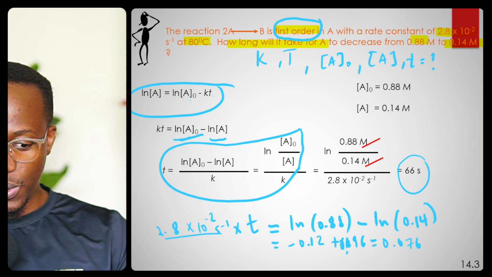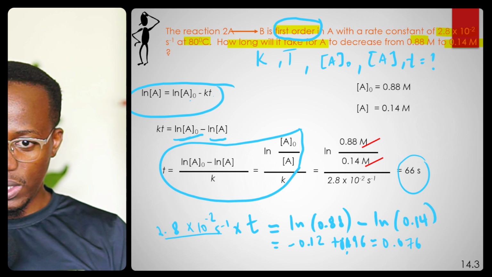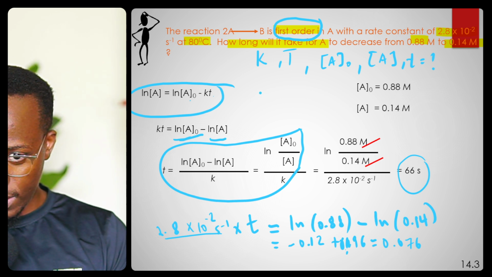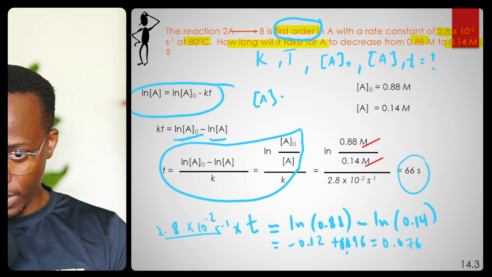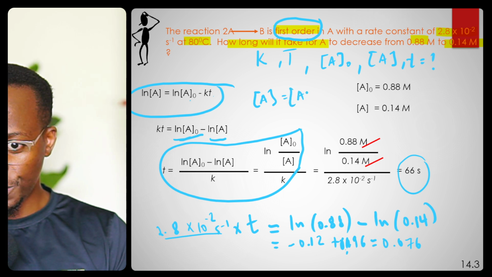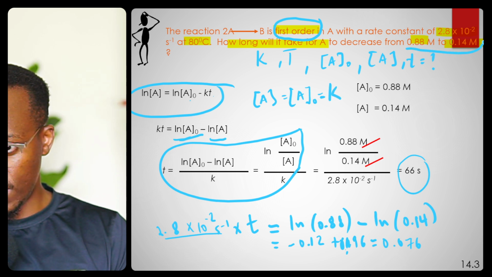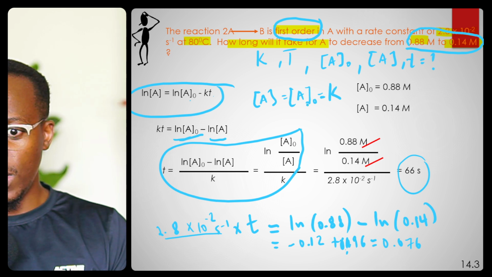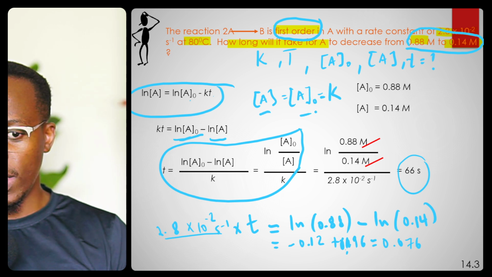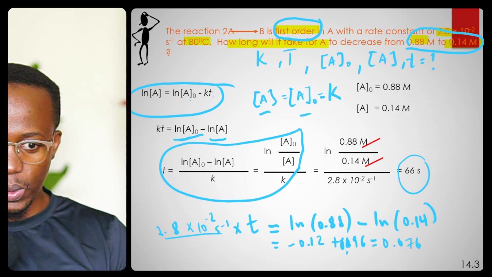If you remember, in a zero order reaction A is equal to A0. So you would do it differently.